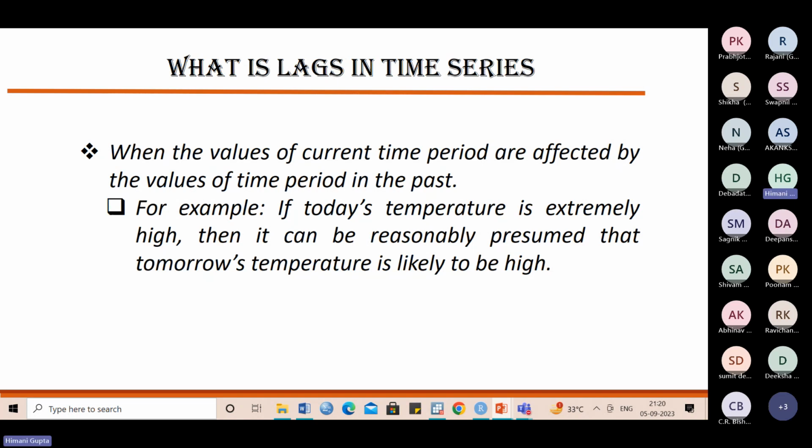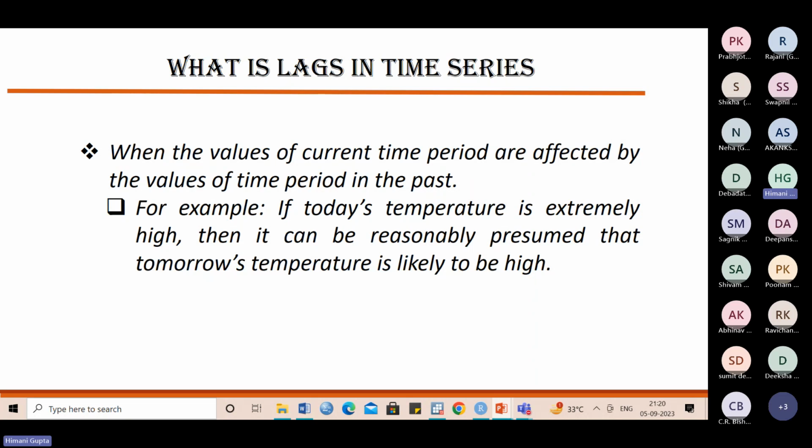For example, if I am saying that today's temperature is extremely high, that means it is extremely hot today. So I can predict that tomorrow's temperature will also be high. That means I can say that tomorrow's temperature is depending on today's temperature. So over here, you will see that I have not taken any other variable as an independent variable.